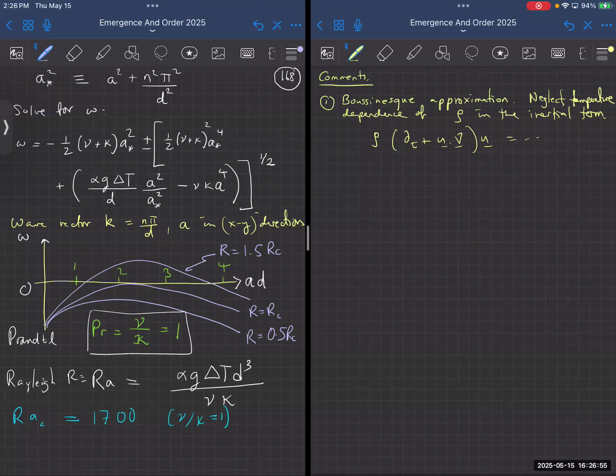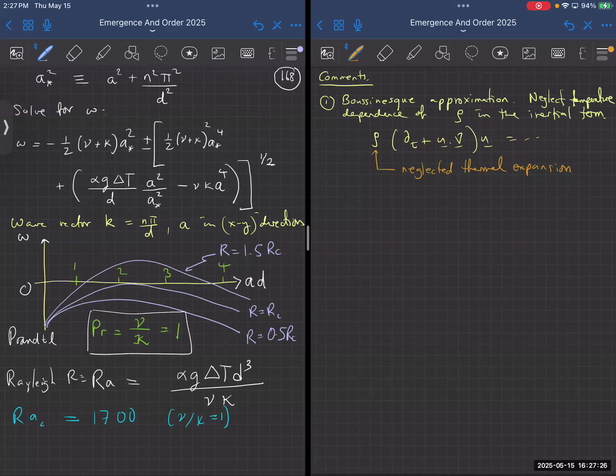And in this term, rho should be the regular rho plus the rho that comes from the thermal expansion. So we've neglected the thermal expansion here, but we've included it on the right-hand side, where we have the term that multiplies the gravitational field. So that's called the Boussinesq approximation, and it's a reasonably good approximation.